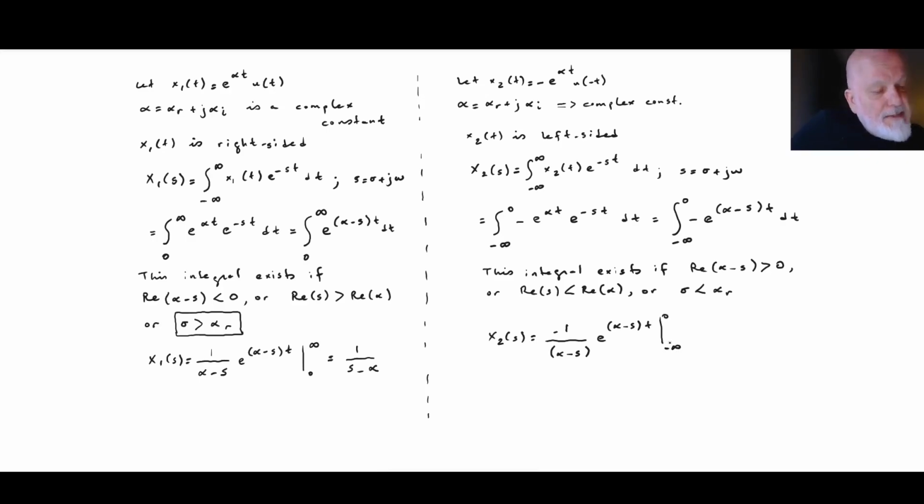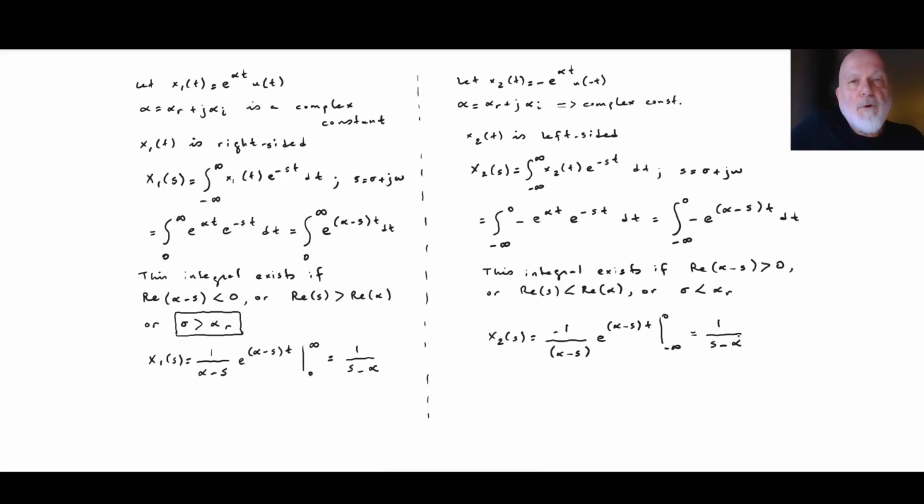Now again, as t tends to minus infinity, we know that the real part of alpha minus s is positive. Therefore, it will decay exponentially to 0. So the only non-zero contribution is at t equal to 0. At t equal to 0, we have minus 1 over alpha minus s, or 1 over s minus alpha. So we have the same expressions.